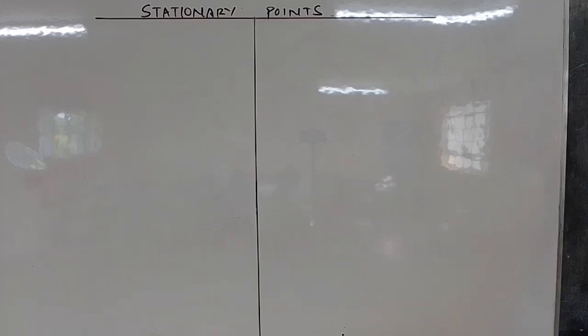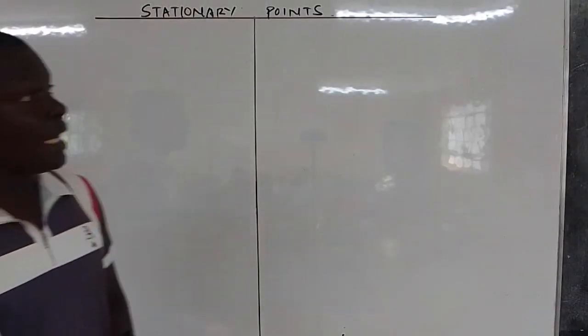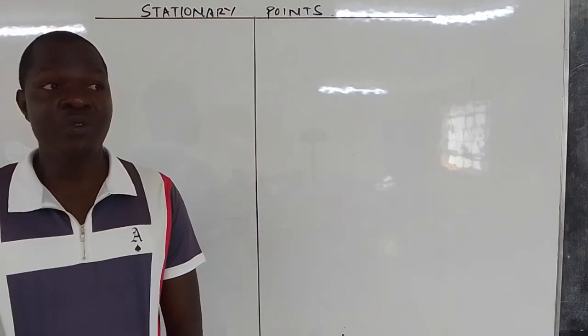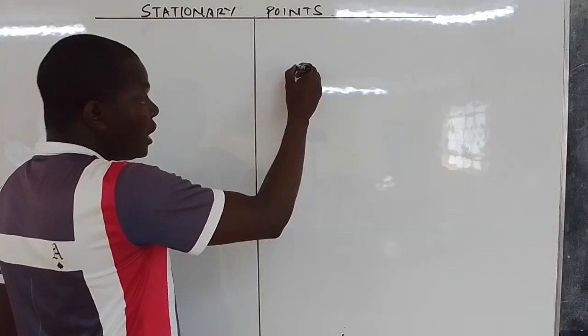To understand this concept of stationary points, we must first spell out the concept of partial differentiation in detail. In partial differentiation, there are three kinds of differentiation. We have the three Ds, which are used to denote the derivative.